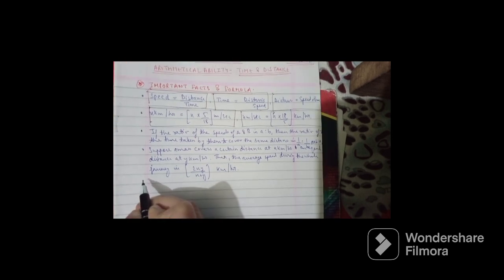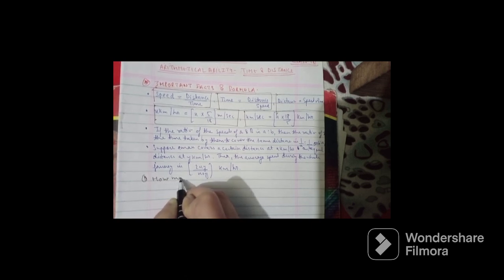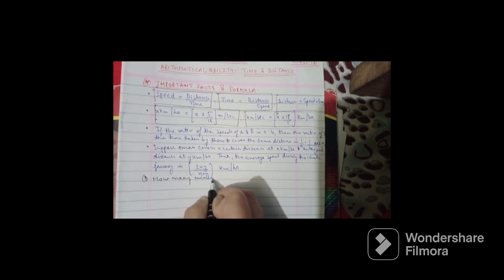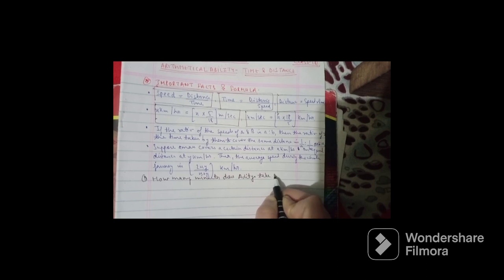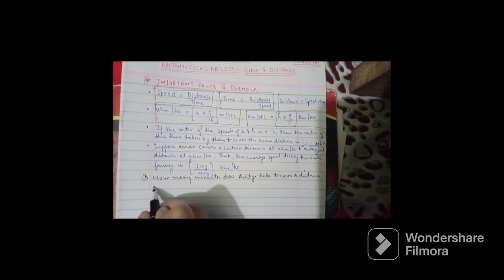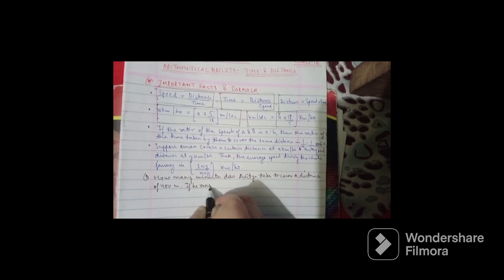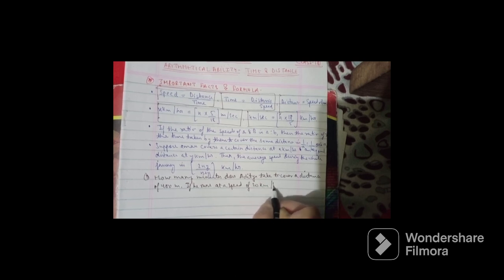The question we have: how many minutes does Aditya take to cover a distance of 400 meter if he runs at a speed of 20 kilometer per hour?